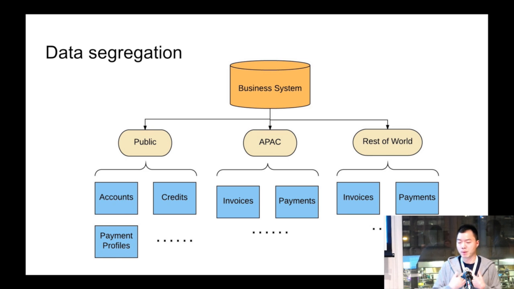For example, if I'm a member of WeWork and I have offices in New York and, let's say, Shanghai, I will have my membership, and my China invoices and China payments belong to the APAC schema, and my US invoices and payments belong to the rest of the world schema. But I will have one account in the public schema, and I have a pool of credits that I can use across all WeWork locations, no matter if you're in Asia or in the US.